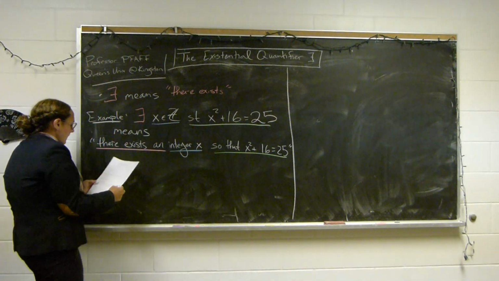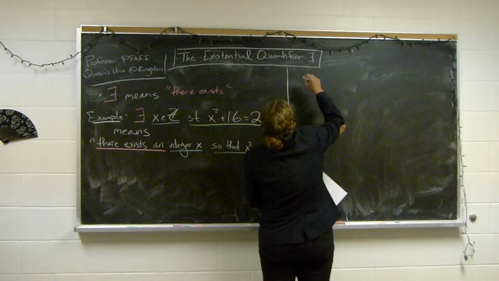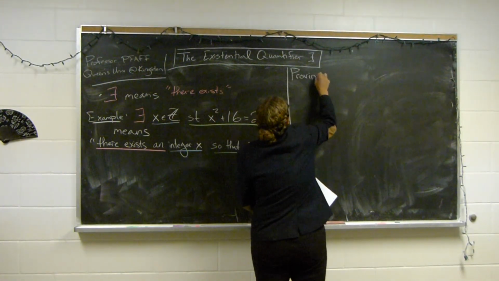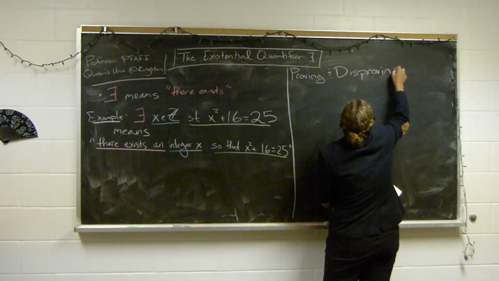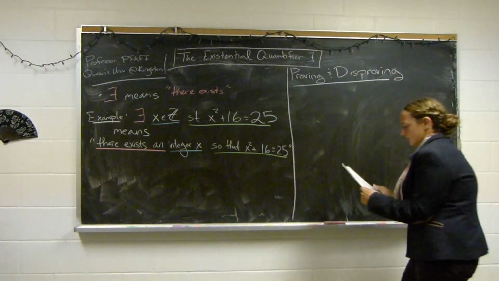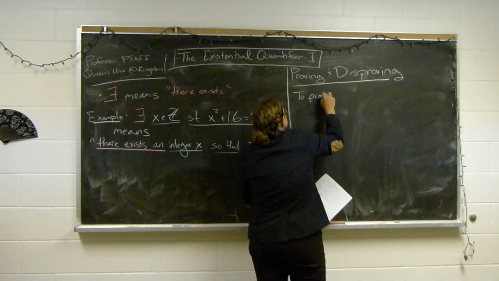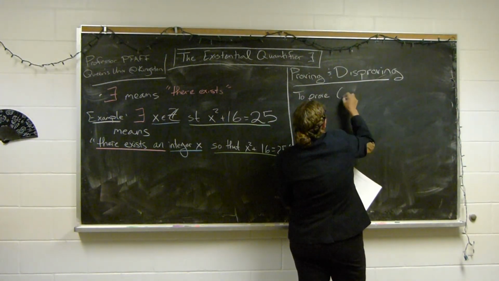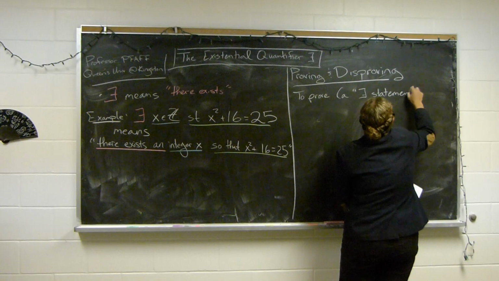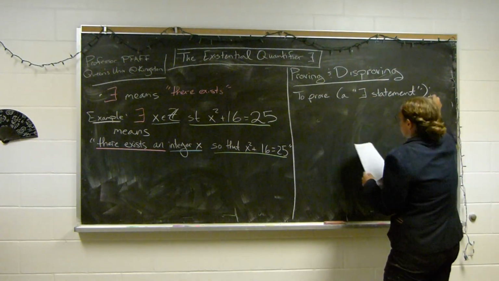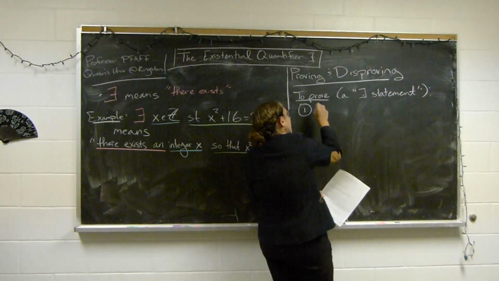Okay. So how do you prove or disprove a statement involving the existential quantifier? Let's talk about that for a second. To prove a "there exists" statement, the first thing that you should do is state an example.